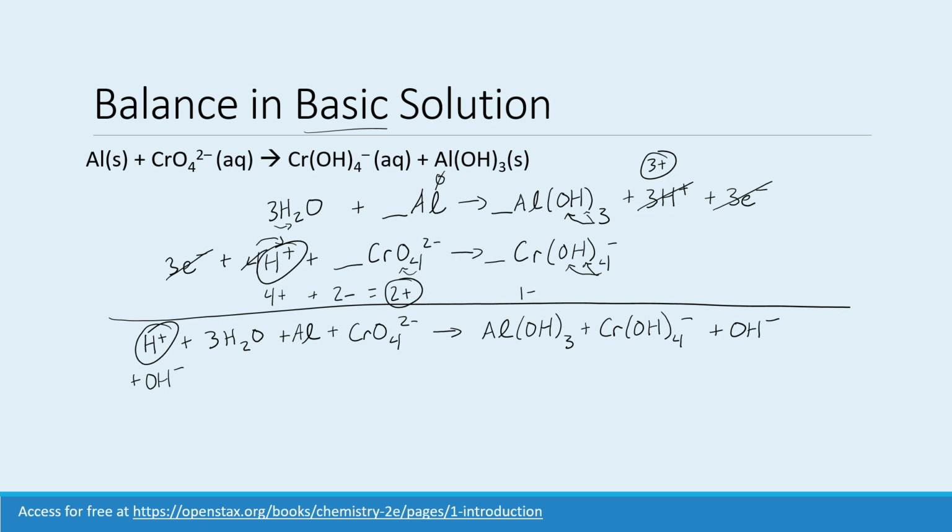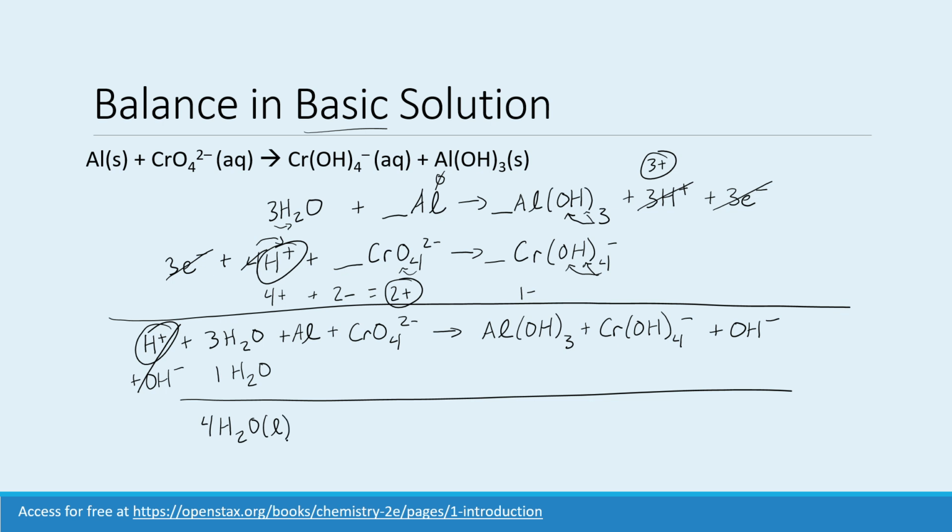Okay, now that hydrogen and that hydroxide will react to get 1 additional water molecule, and so total I will end up with 4 water molecules on the reactant side, all in liquid phase, plus everything else stays the same, right?